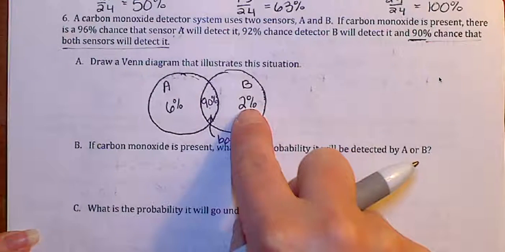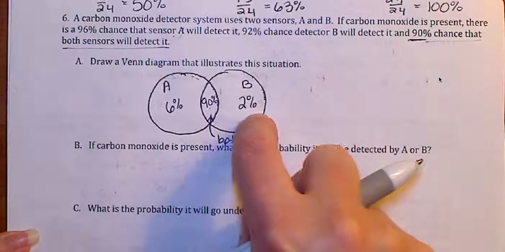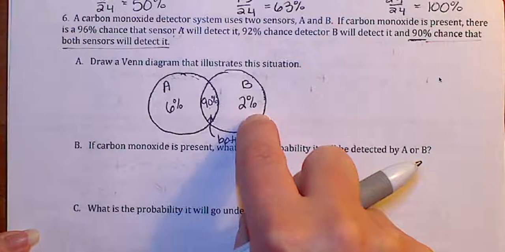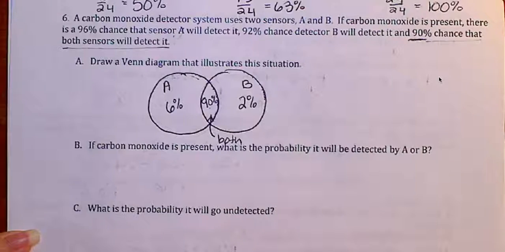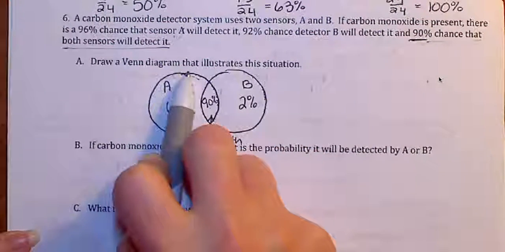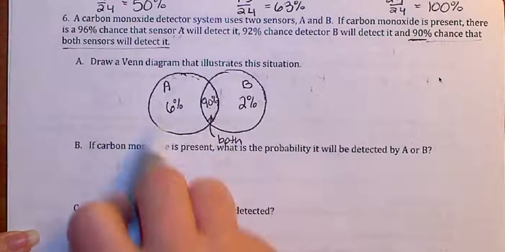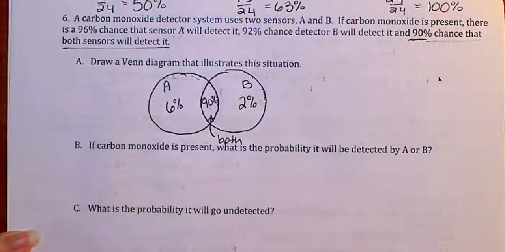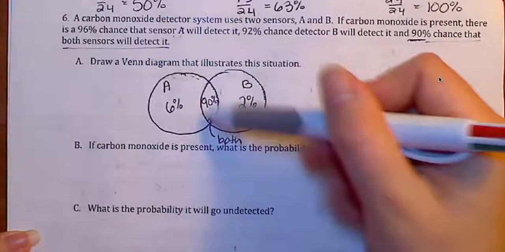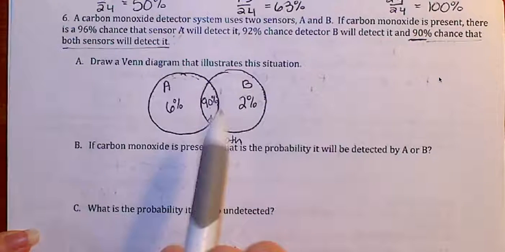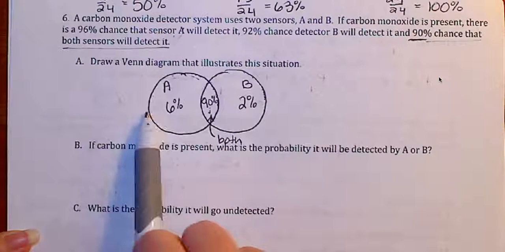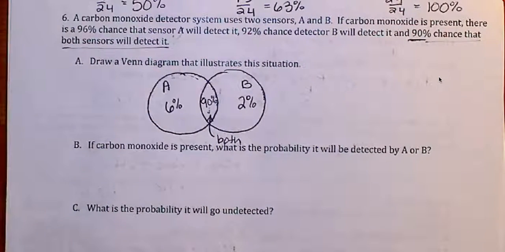There's a 2% chance that only detector B will pick it up. And then there's a 90% chance that they will both pick it up. But again, overall, there's a 96% chance that A will pick it up, and a 92% chance that detector B will sense it. So you want to make sure you put the both in the middle first and then subtract to get the leftovers there, okay?